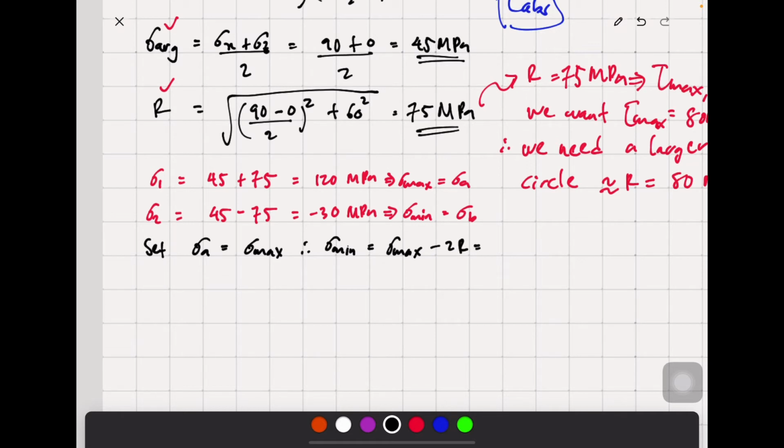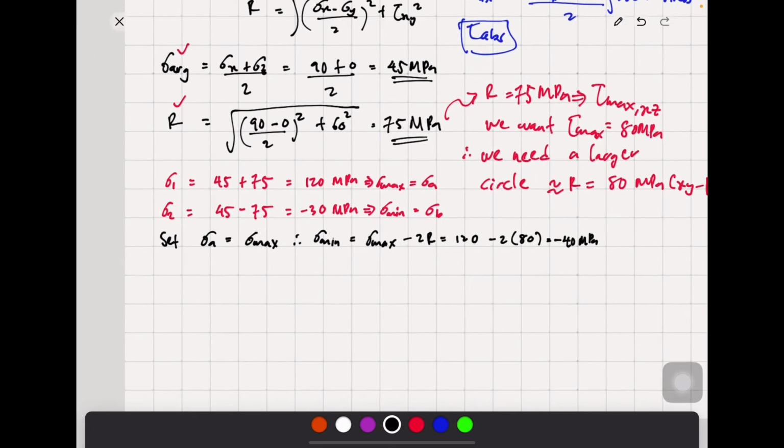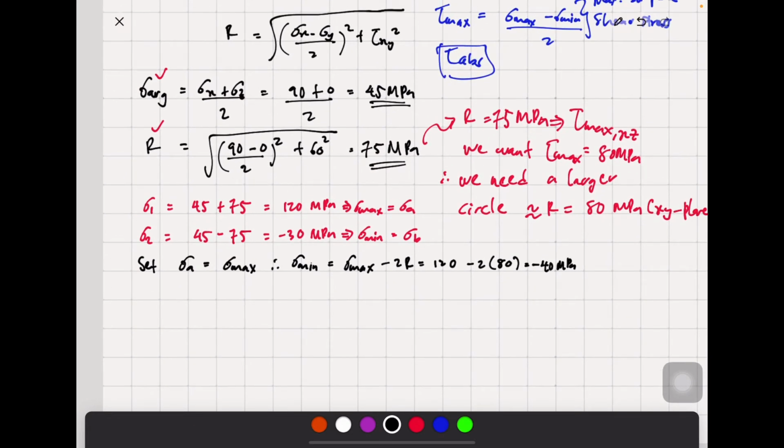So the maximum we have is 120 megapascal minus 2 of the condition that we are given, so it will give you negative 40 megapascal, right? The sigma min for our case, if we set sigma A as our maximum on our system, of course we can change that.